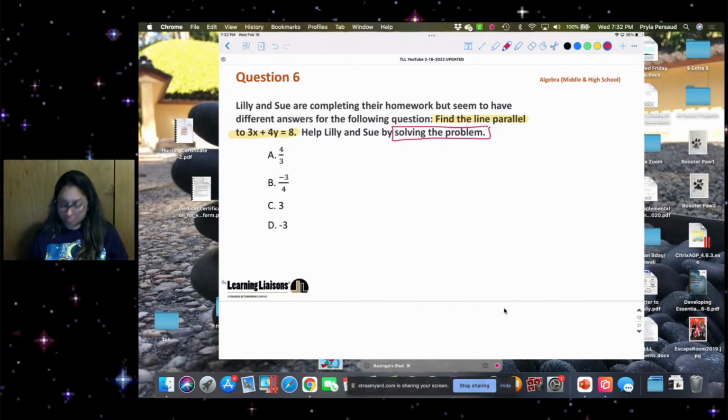Well, what is a parallel line? I know that parallel means two things that don't intersect, but what do they mean by a parallel line to another equation? Before we get started, you need to know what slope-intercept form is.